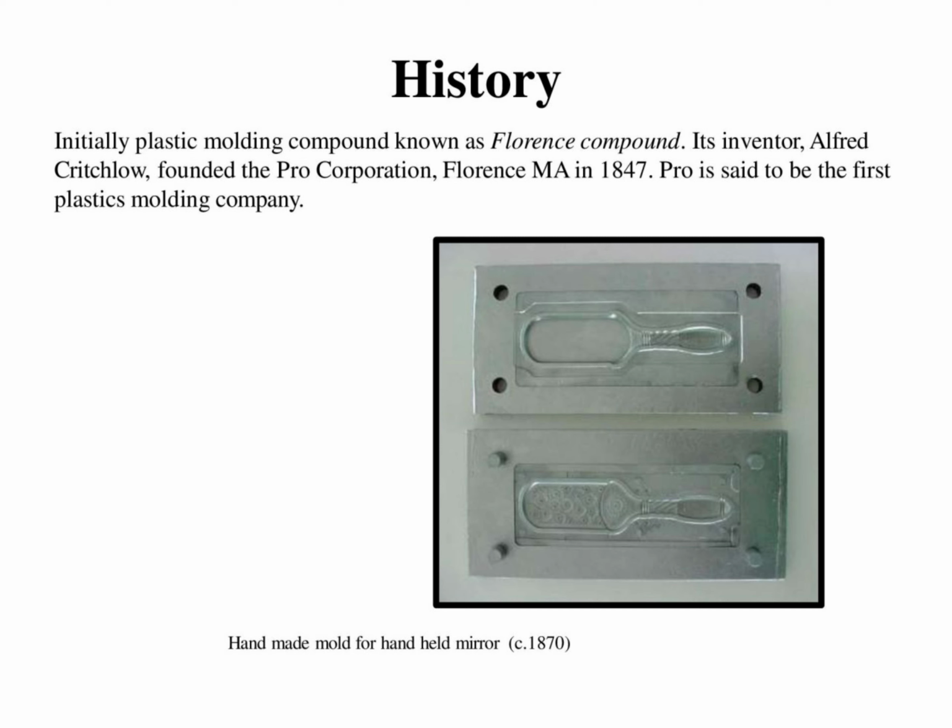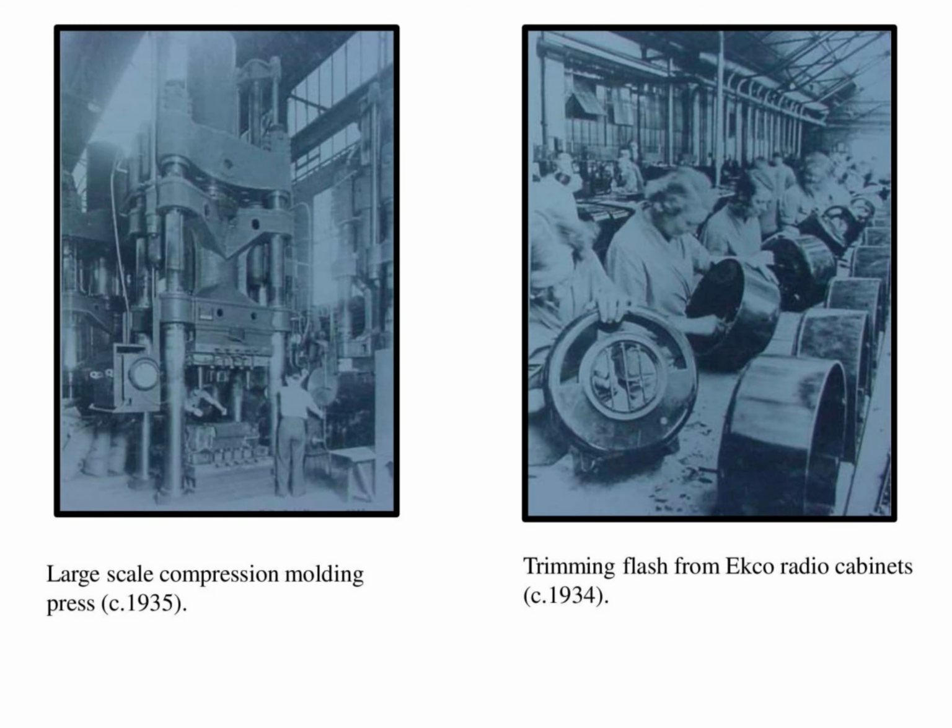The first diagram is a handmade mold for a handheld mirror, taken in 1870. For the second slide, there are two pictures taken in 1934 and 1935. The first one is a streaming flash from a school radio cabinet, and the second one is a large scale compression molding press.